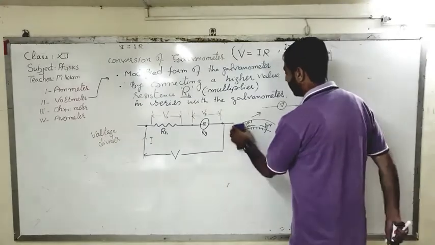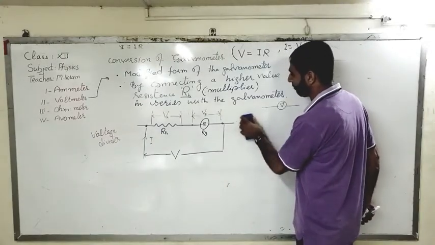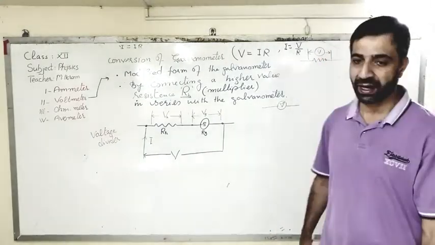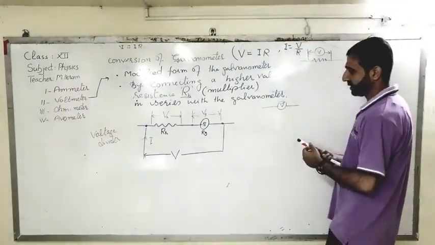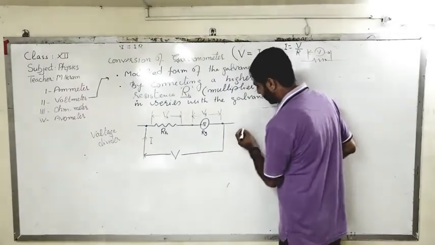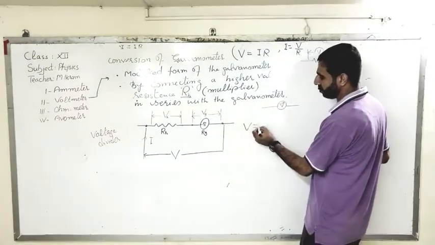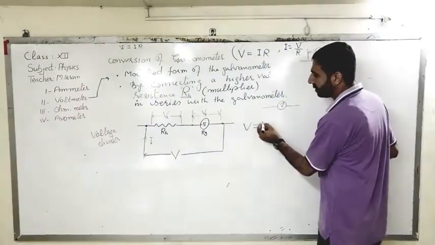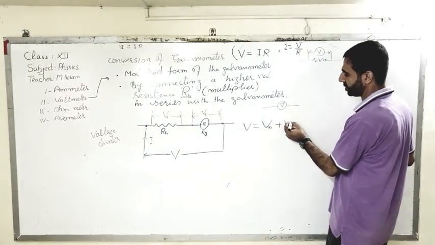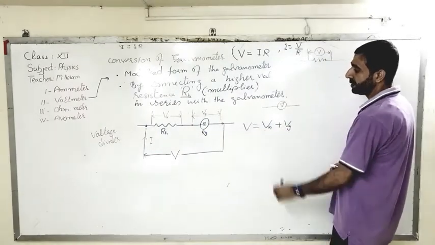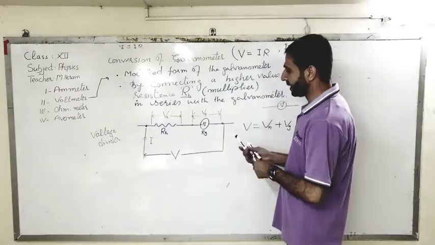Now let's see what could be the value of this RH. Whatsoever the situation here, the total potential difference will be VH plus VG. Now what will be this current I?